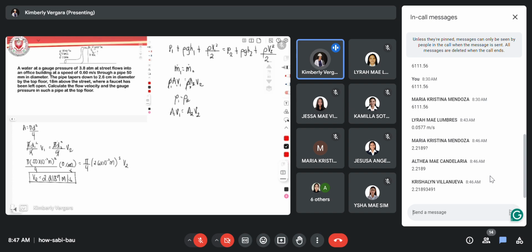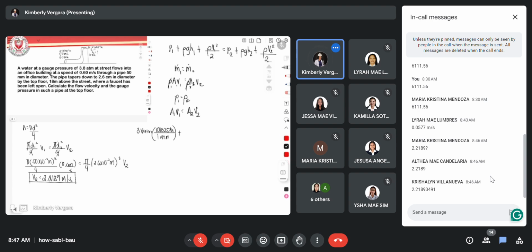Next, since we already have V2, let's calculate the pressure at the top floor. Using Bernoulli's equation, we have P1, which is 3.80 atm. This 3.80 atm must be in SI units, so we must convert it to Pascal. So 3.80 atm times 101325 Pascal per 1 atmosphere, plus rho.